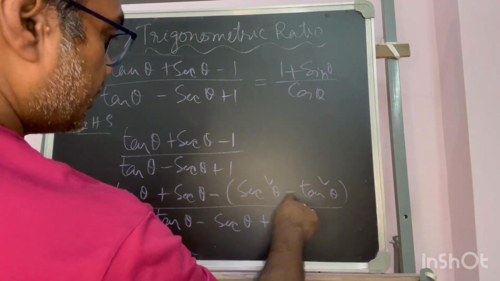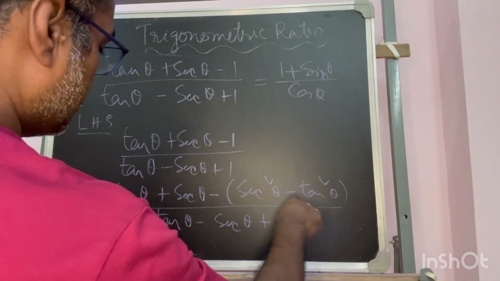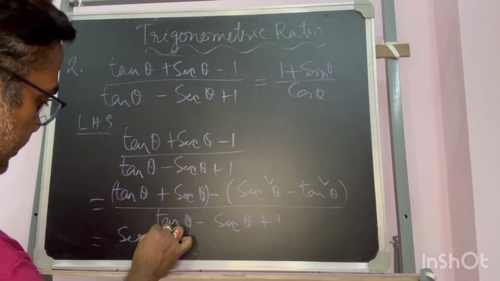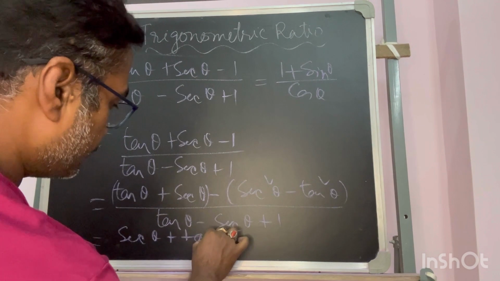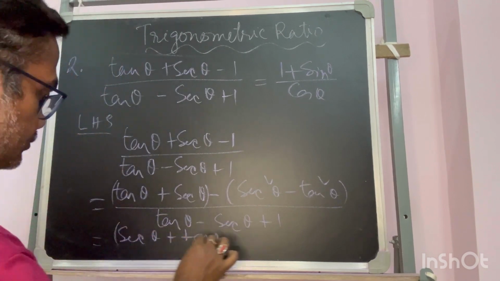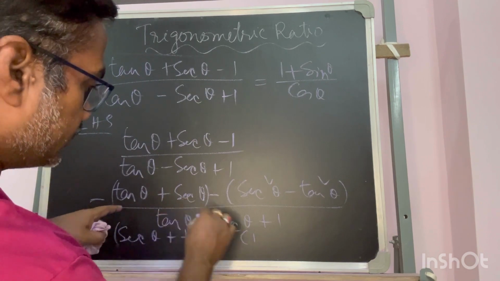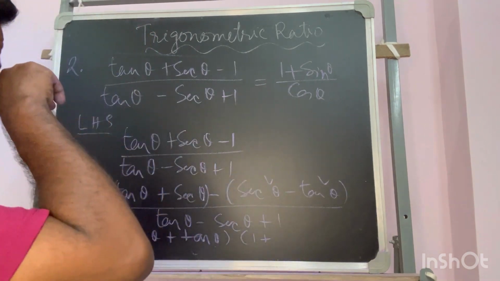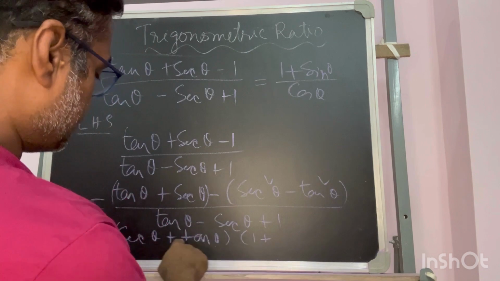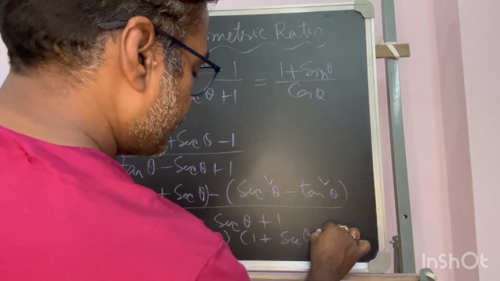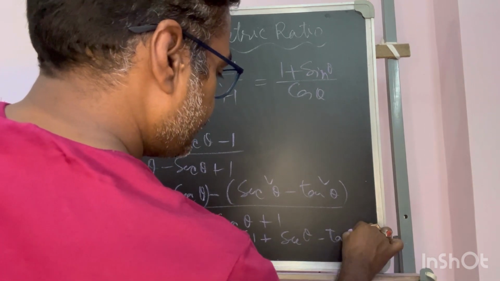So now it is sec theta minus tan theta, sec theta plus tan theta. Here the first part is sec theta plus tan theta, so I can take sec theta plus tan theta common from both parts. The first part will remain with 1 because I am taking that whole thing common, and the second part will remain with sec theta minus tan theta only.